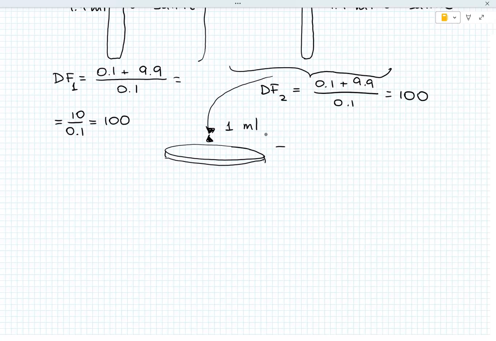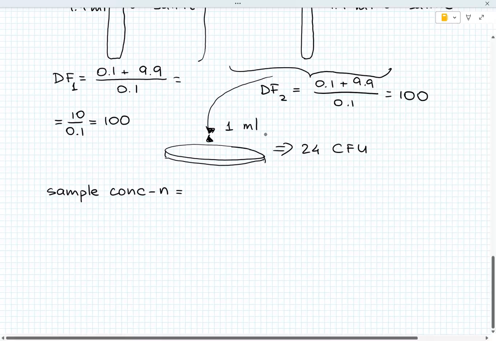And how many colonies do we have coming out of it? 24. So, what do we do about sample concentration? Well, we're going to take 24 CFU, right?